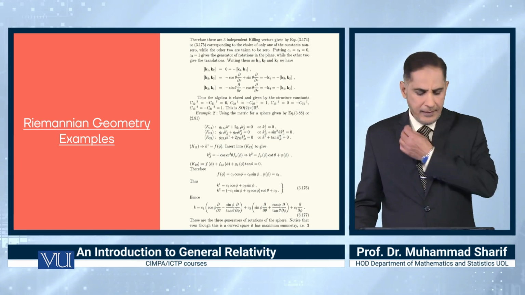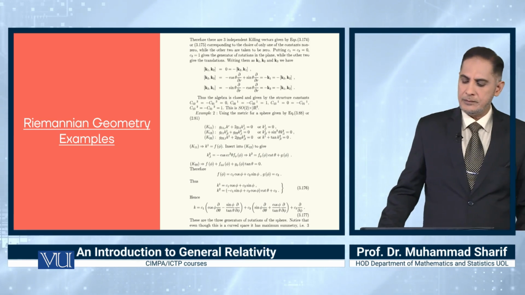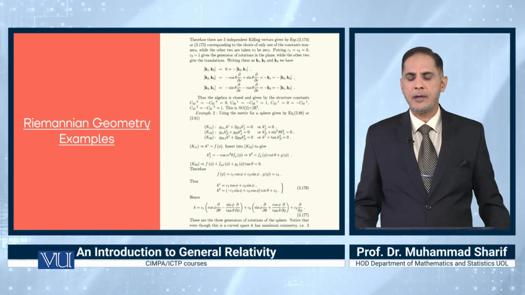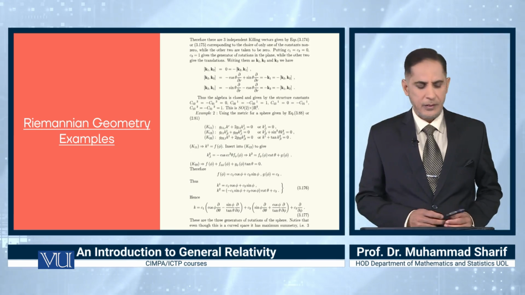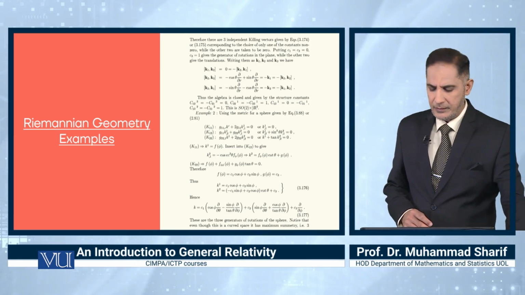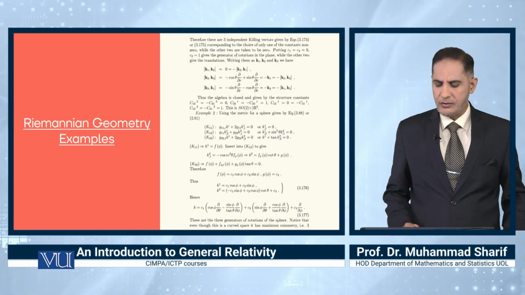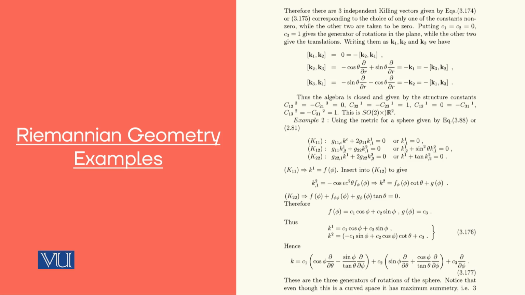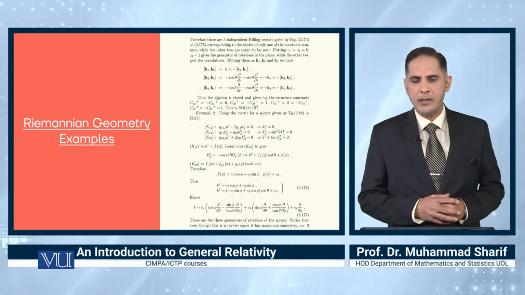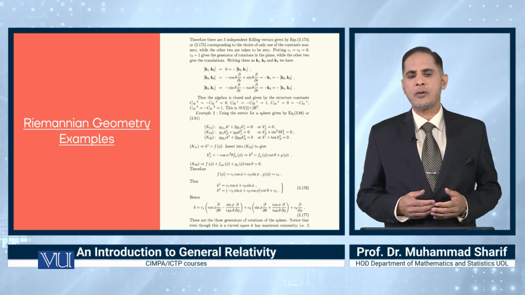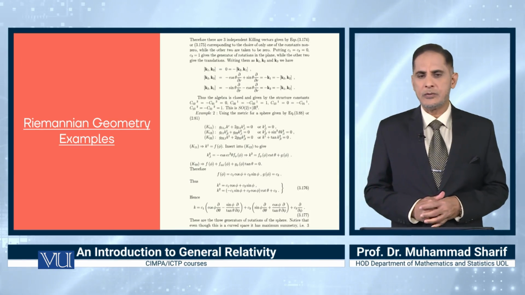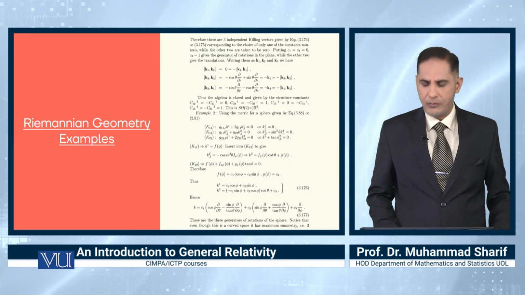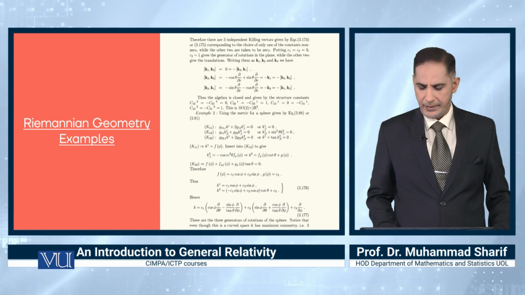And obviously, not all generators can satisfy these properties. So if for any generators these are satisfied, then it will be interesting. So this is the way to calculate generators and how to check their closedness. This is very important when we calculate the generators and particularly to analyze the solutions.